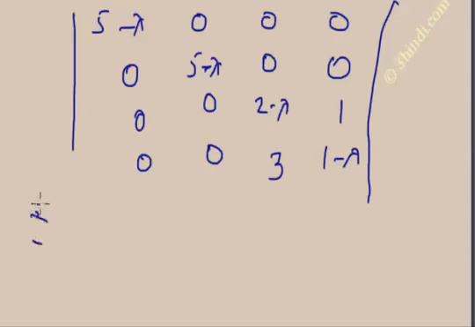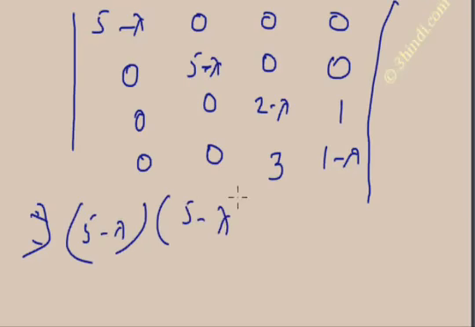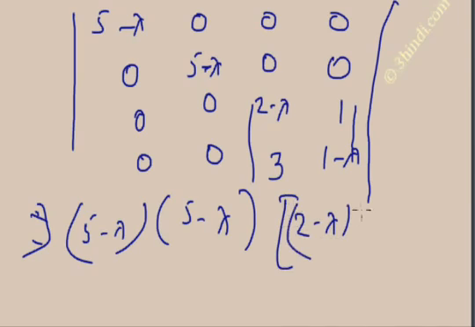This means 5 minus lambda into 5 minus lambda into, because all the elements are 0, the determinant of this, 2 minus lambda into 1 minus lambda minus 3, equal to 0.